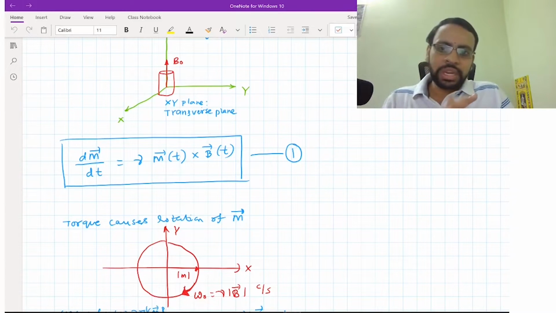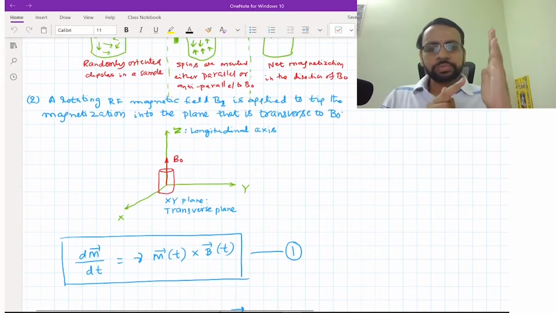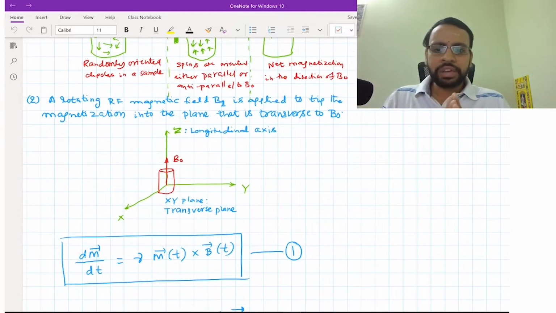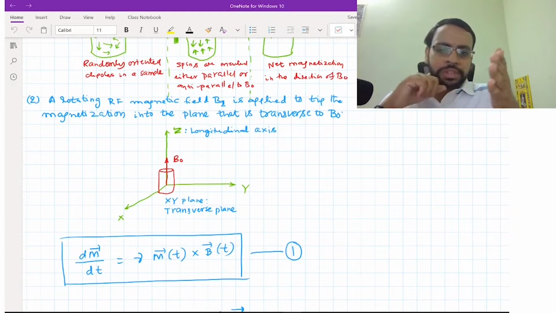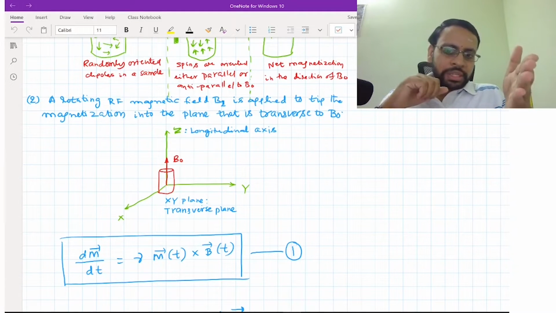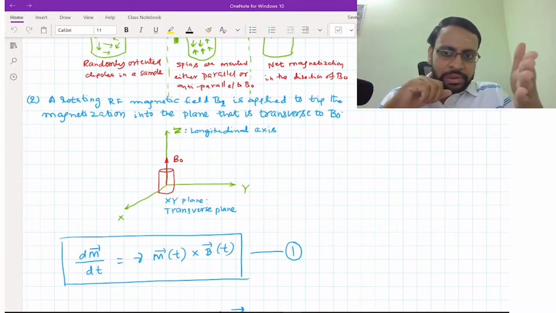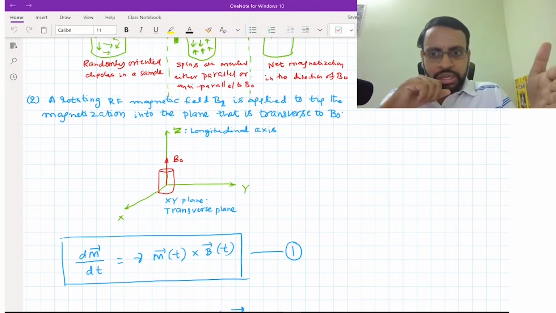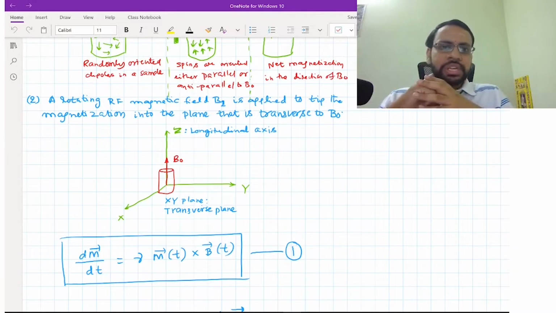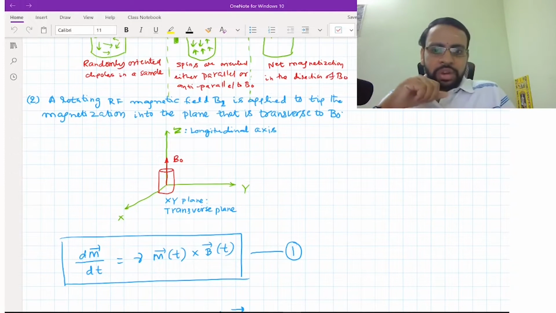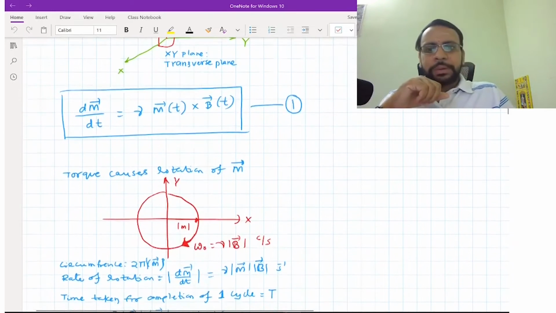So we derived this equation, dM bar by dt equals gamma times the cross product of M bar of t with B bar of t, where the rate of change of angular momentum gives you torque. That's how we derived this equation in the last class, and I would like to add a few more points here.